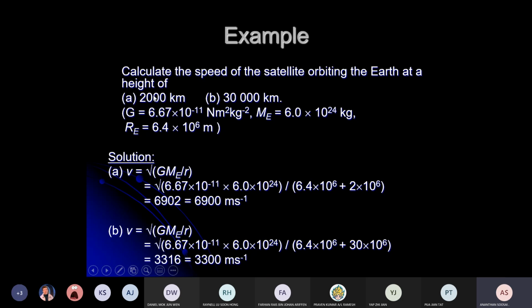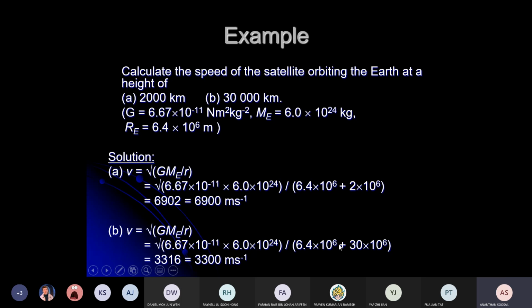Height means altitude. So what is the orbital speed? Root of GM over r. R needs to be the altitude plus the radius of the Earth. Don't forget. You get the orbital speed of 6,900 meters per second. At 30,000 kilometers, the orbital speed is 3,300 meters per second, just from root of GM over r.